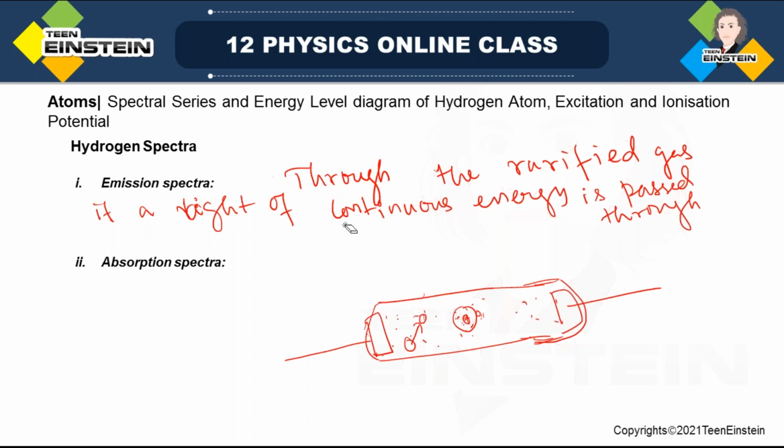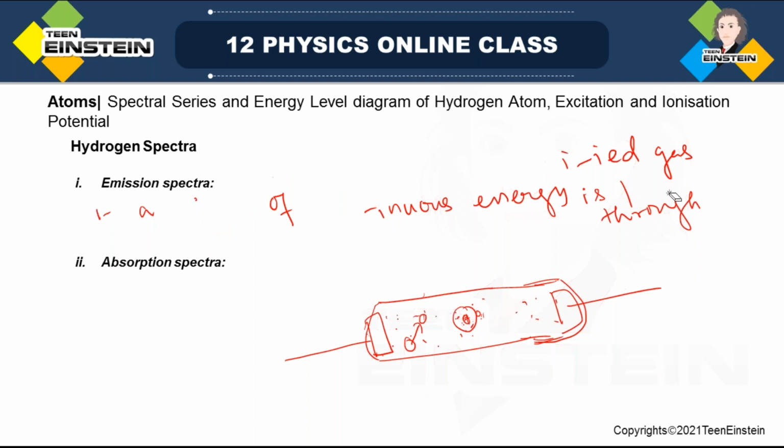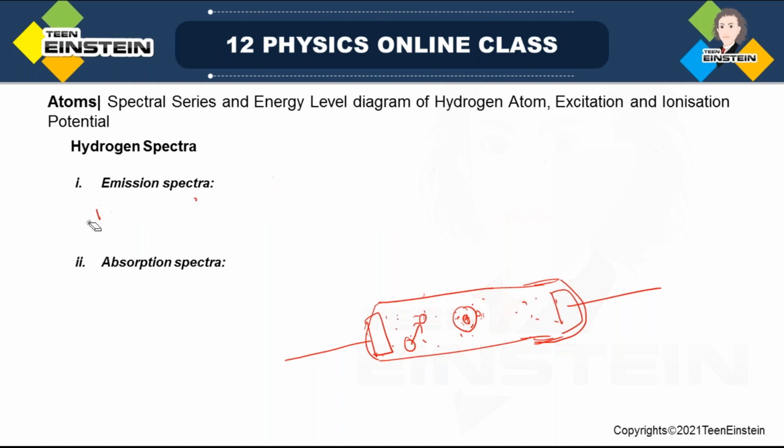So upon excitation, when they de-excite, they will emit various frequencies. If you have a certain rarefied gas here and you apply a high potential across this tube, this accelerating potential will excite the electrons in the gas atoms.